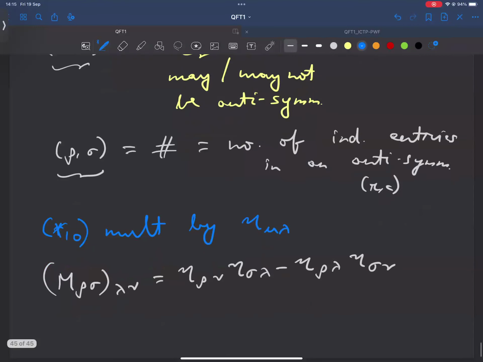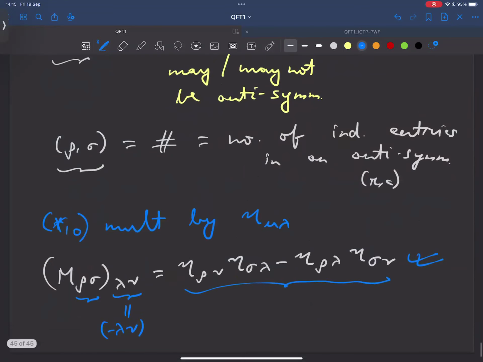Now, when written in this form, you see that again, these are Lie algebra generators, and these are space-time indices. But when you write in this way, now lambda and nu are also antisymmetric. Okay, you can clearly see it from the structure here. So now when you bring one index down, you get M's.